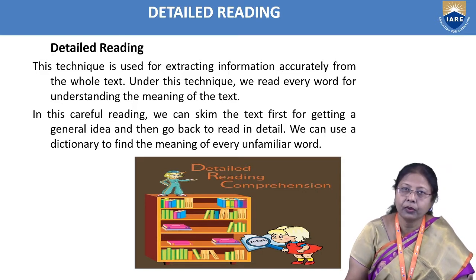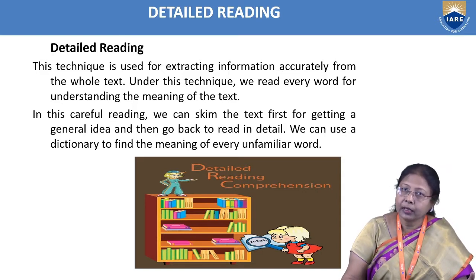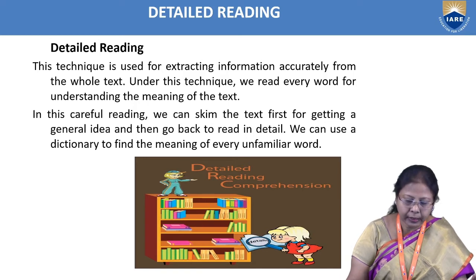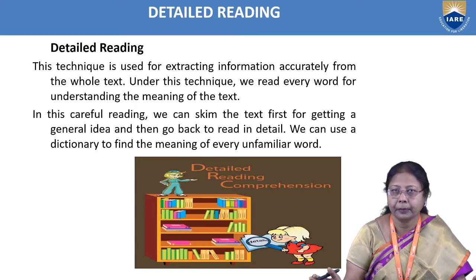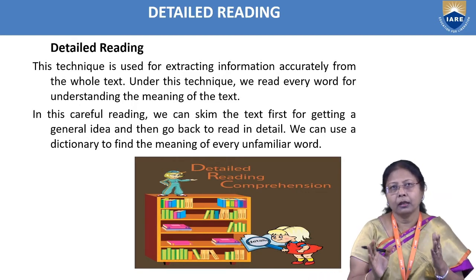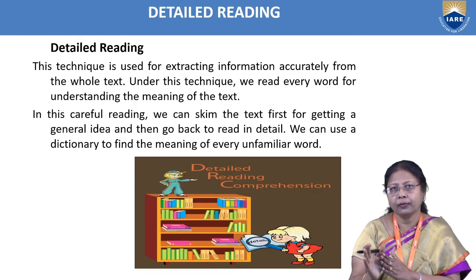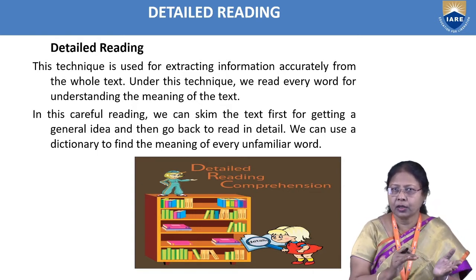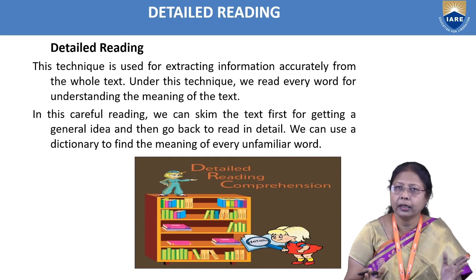And this is very useful also. We can skim the text first for getting a general idea and then go back to read in detail. People who go for detailed reading will not stick to detailed reading only. First, they'll skim everything, take the gist of that, and then go for detailed reading.